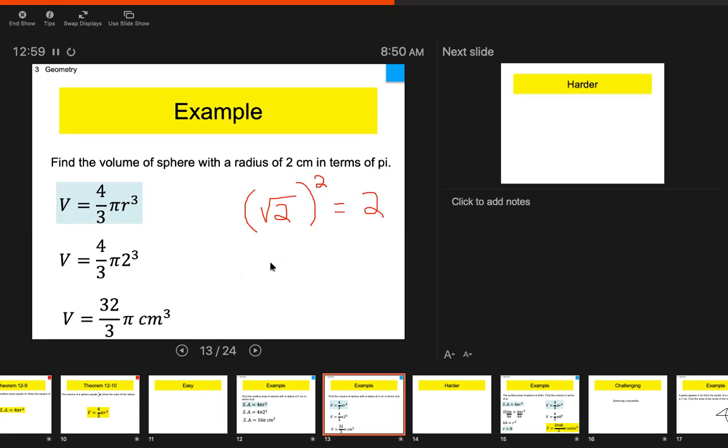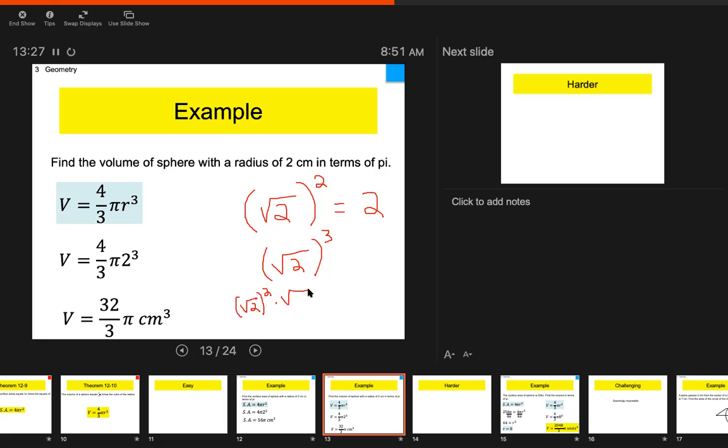For the volume one, though, you're going to have to cube it. So let's think this through. If we cubed, I wrote 3, I meant 2. If you cubed the square root of 2, what would happen? Well, we know that squaring would get rid of it. So just remember, you could write this as the square root of 2 squared times another square root of 2.